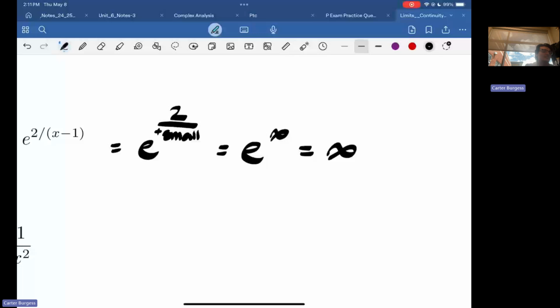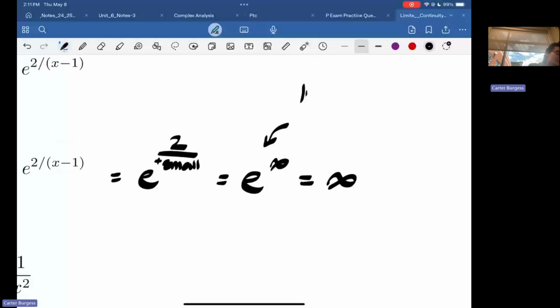Another better way to communicate this idea of quote unquote plugging into infinity would be to say that this is the limit as, we'll maybe say A, approaches infinity of e to the power of A. So you don't actually ever plug infinity in, but you're basically plugging infinity in.